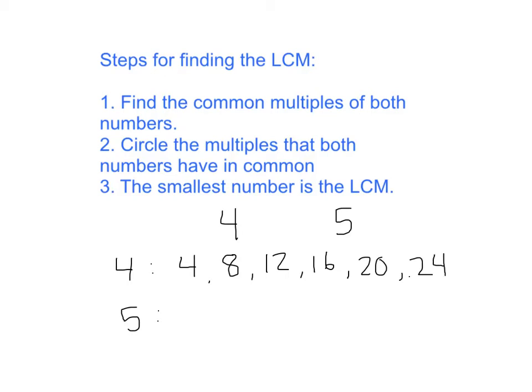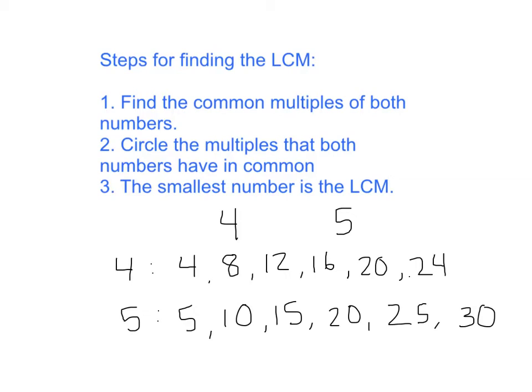I usually like to go out at least 5 or 6 numbers until one of them starts to overlap. My multiples for 5 would be 5, 10, 15, 20, 25, and 30.